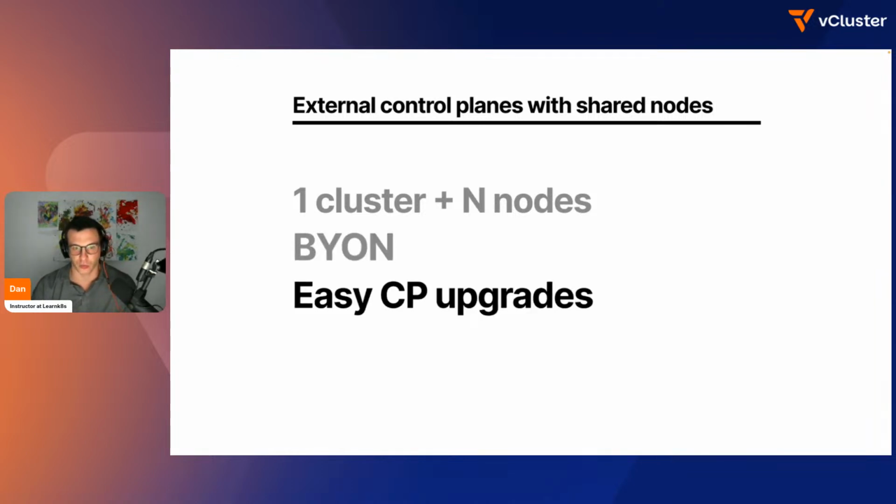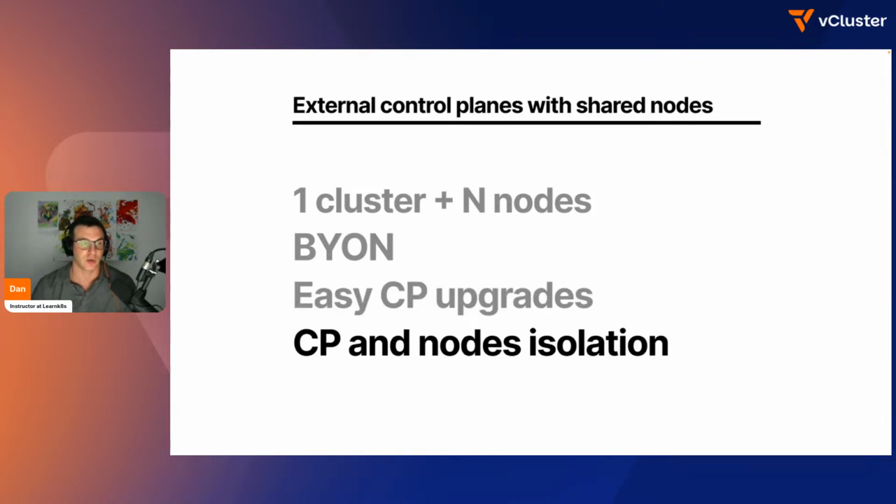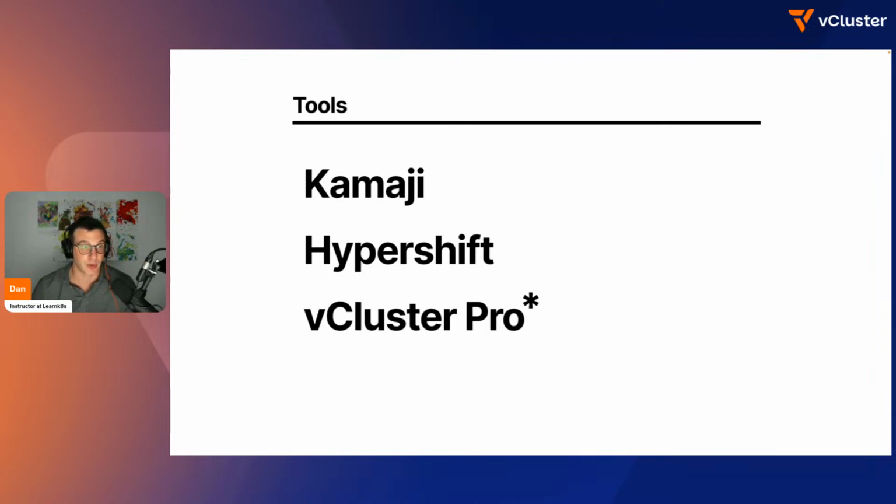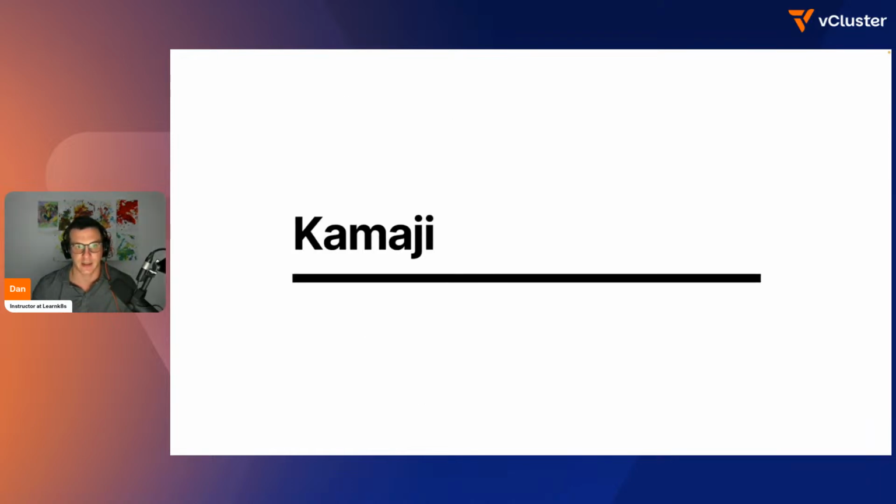And then all of the control plane upgrades are generally managed by whoever is providing the service, and you get isolation because you've got a dedicated control plane for each team. Now, tools in this space: Kamaji, HyperShift from Red Hat, I think vCluster Pro can do this, and then there is Cosmotron from Mirantis.